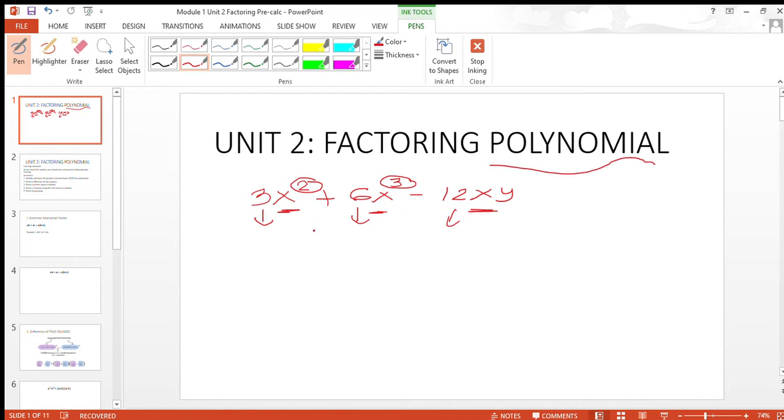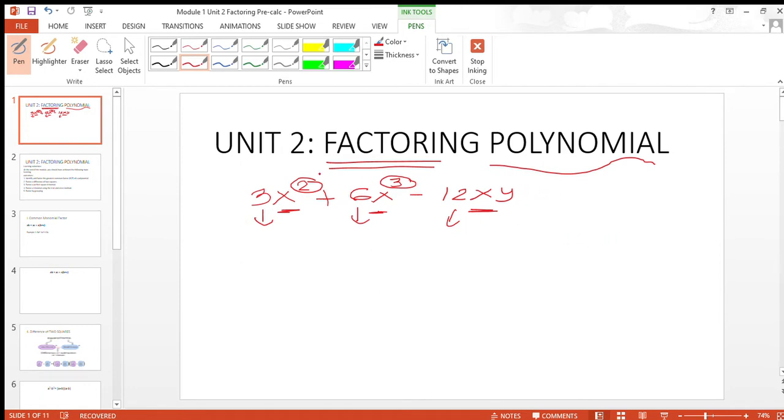And in Unit 2, our goal is to factor our polynomials. And when we say factor a polynomial from a sum, we would like to produce a product. So when we say factors, isn't it that we have seen the term in the operation on multiplication? Every term in a product is what we call a factor.